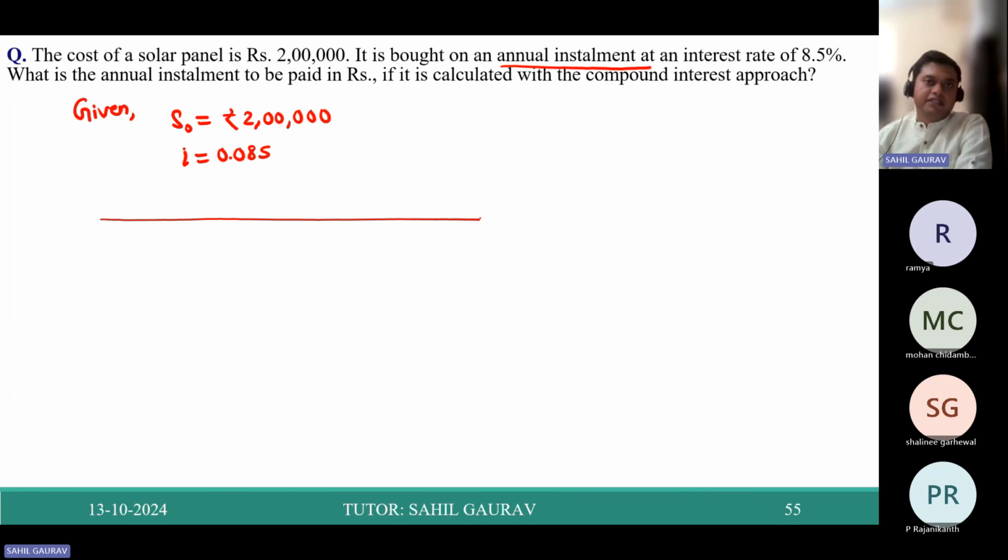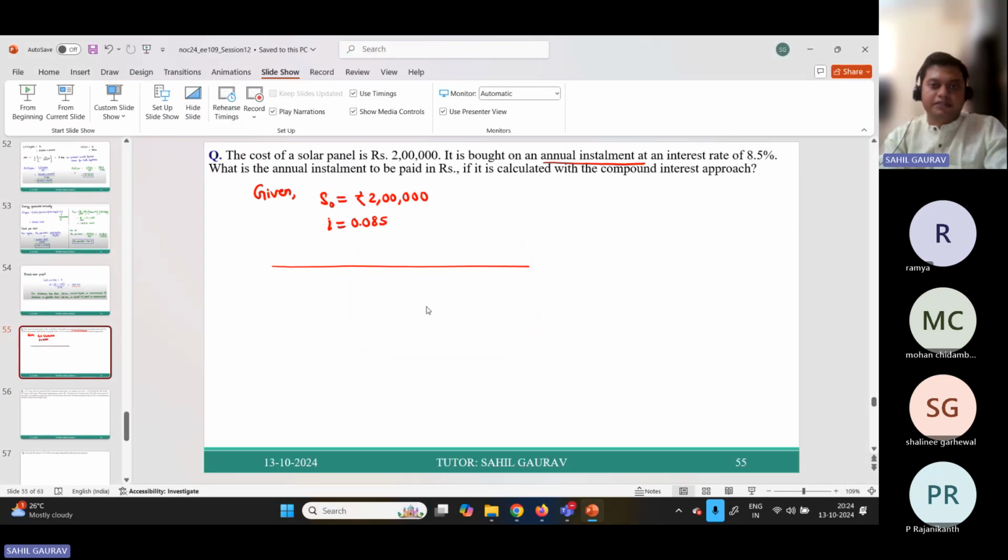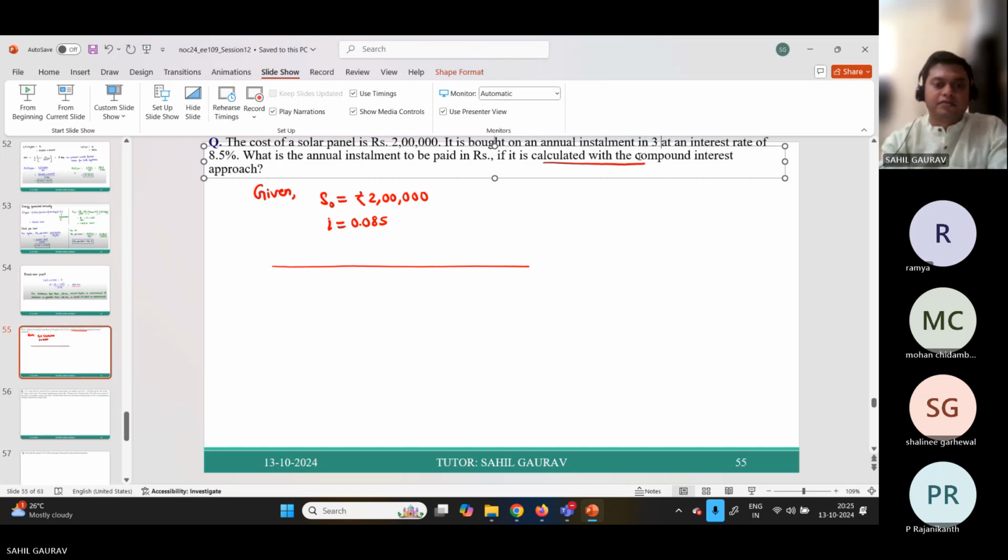If you make the time axis, N value is given as 3 years.